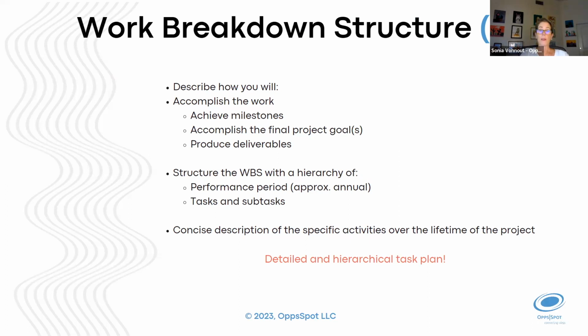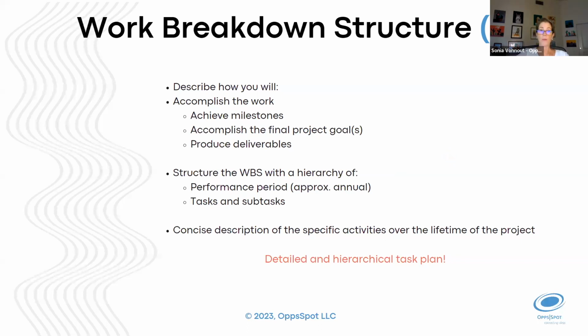So what's a work breakdown structure? It's what tells everyone how you're going to do the work, how you're going to accomplish it, and what you're going to accomplish. What are the milestones and the goals and the deliverables? And then you have to tie it in to your performance period, and you're going to outline all your tasks and subtasks and make sure that you're concise.